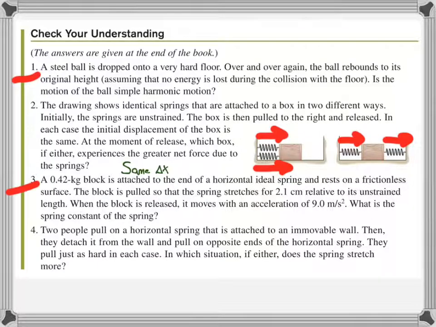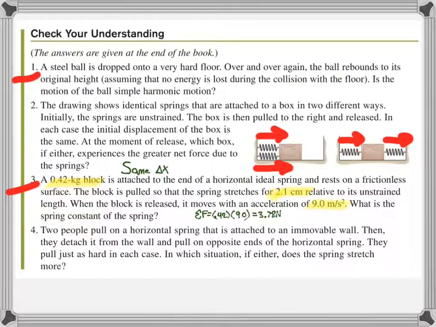For question number 3, we have a 0.42 kilogram box attached to the end of a horizontal ideal spring, resting on a frictionless surface. The block is pulled so that the spring stretches 2.1 centimeters, which we're going to have to change to meters, relative to its unstrained length. When the block is released, they're giving us its acceleration. What is the spring constant? With this acceleration, we can find the net force the box experiences.